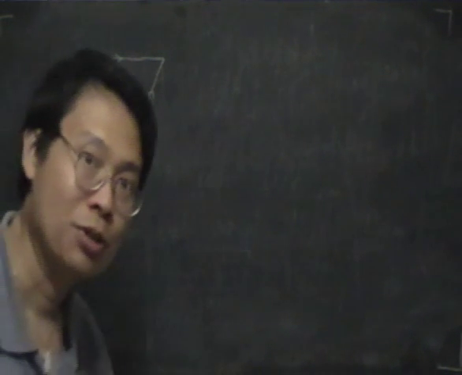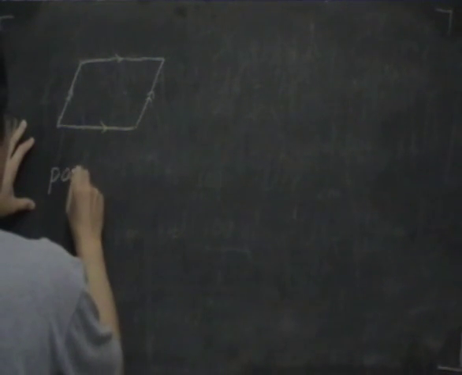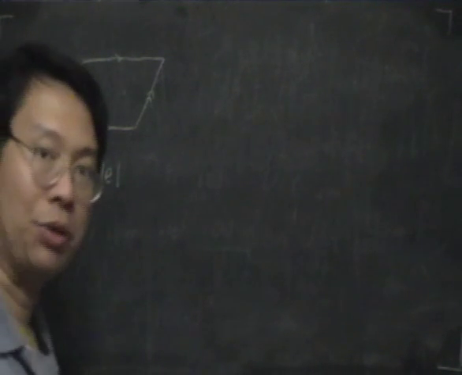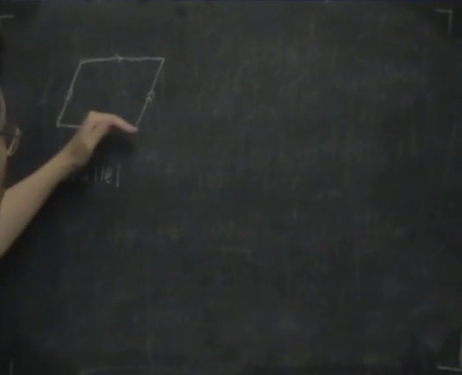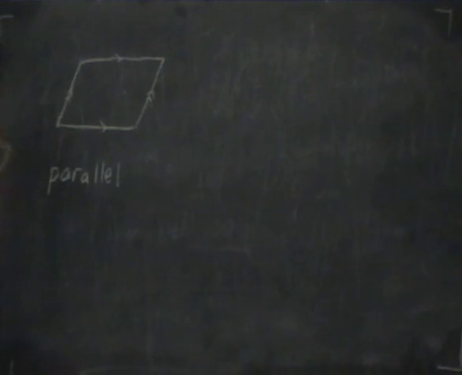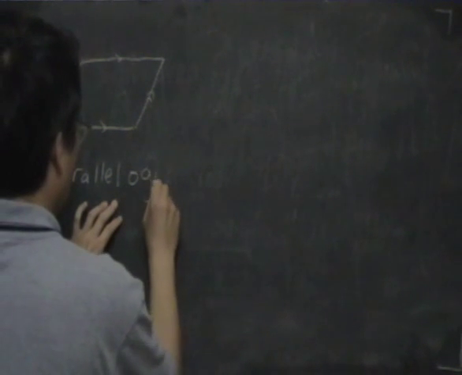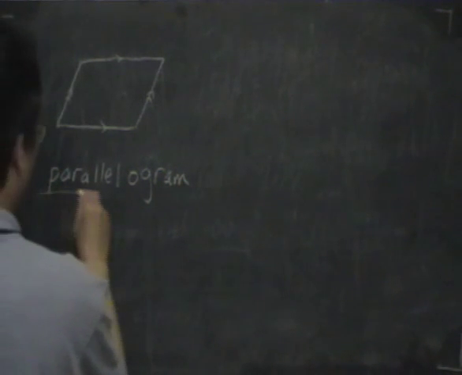So that's quite a long word. Let me write that down. It's called a parallelogram. Start with parallel, right? Parallel means like these two lines go in the same direction. And then logram, parallelogram.